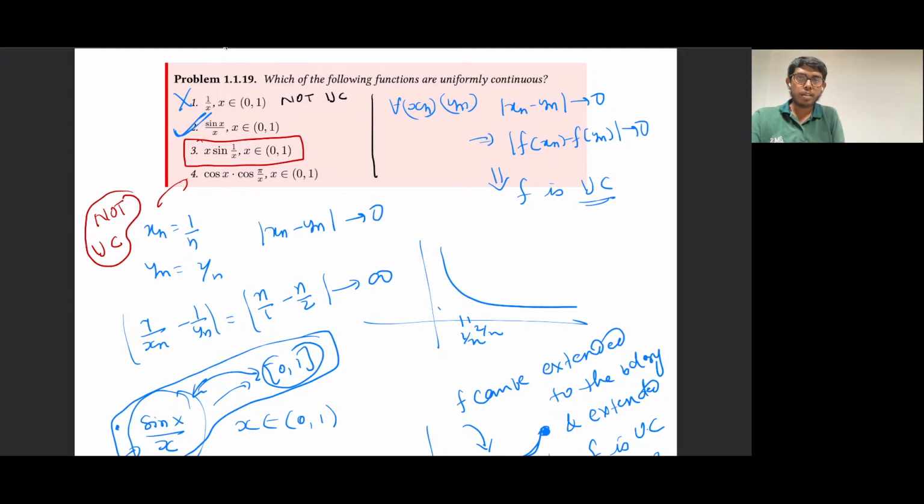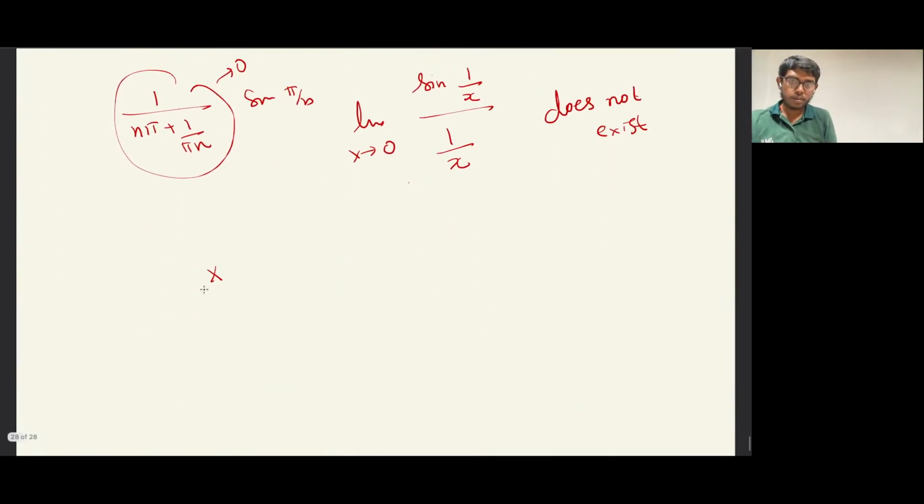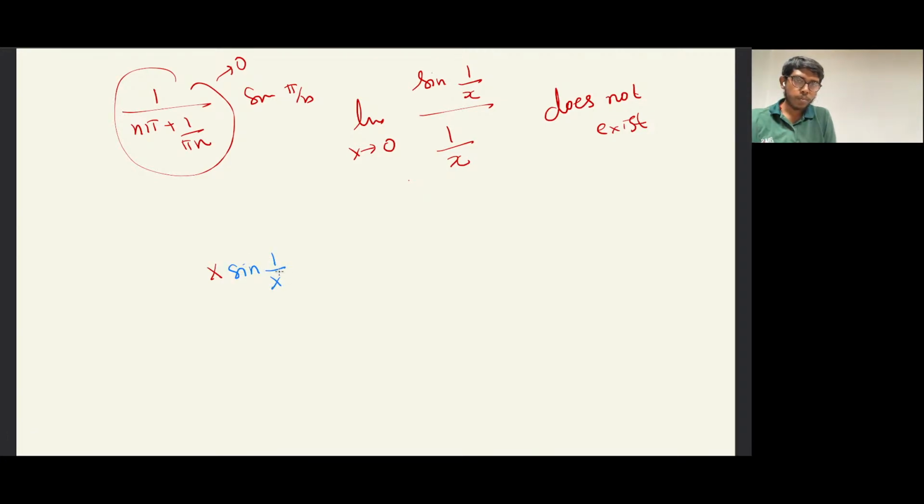So you can take, for example, xn as 1 by 2 pi n and yn as 1 by (2n plus 1) pi. Now x sine 1 by x. I'm almost sure that this function is not uniformly continuous.